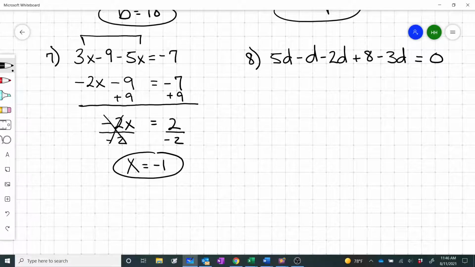So all of these D's have to get combined. You got a 5 minus a 1, which is 4, minus 2 is 2, minus 3. And 2 minus 3 is negative 1D. And it's still plus the 8, and it's still equal to 0.